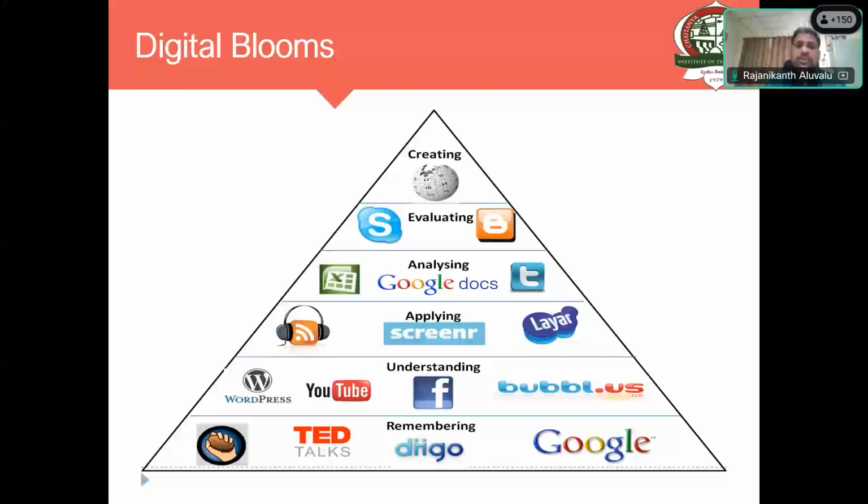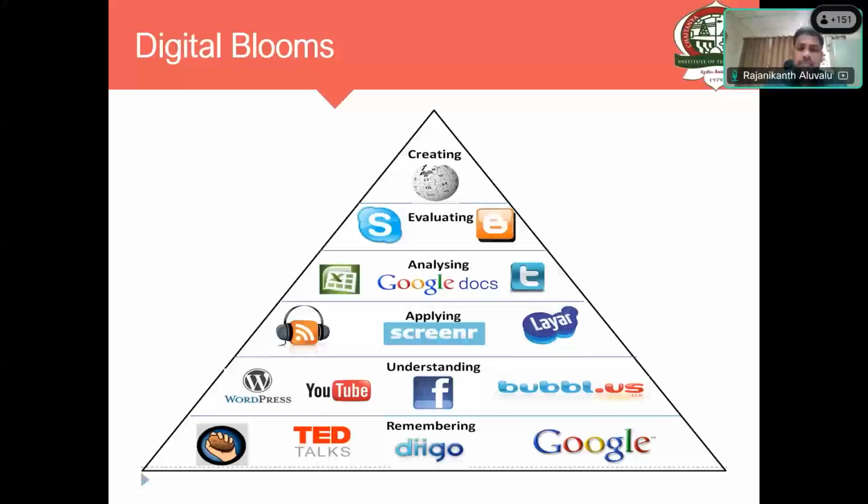And I can't use a YouTube video for demonstrating the analyzing level of the learning strategy. So there are various technologies, and we need to map the particular technology to a particular level of Bloom's. When we are teaching a particular course outcome at a particular level, the technologies that fall into that level have to be taken.